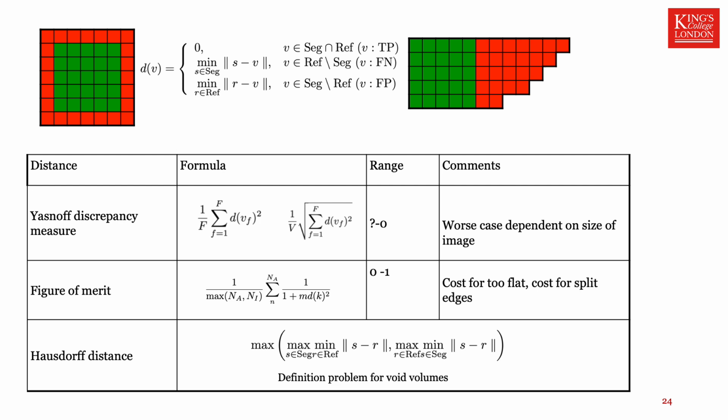And so you have different ways to do that. You have, for instance, the Hausdorff discrepancy measure that is measuring, as a proportion of the volume, the sum of the distances of errors, and the figure of merit, which is basically based on the edges that you find.